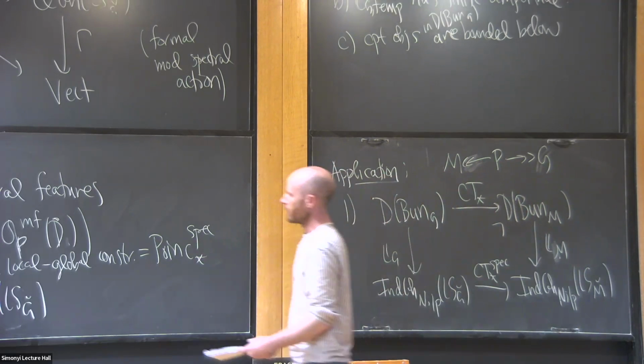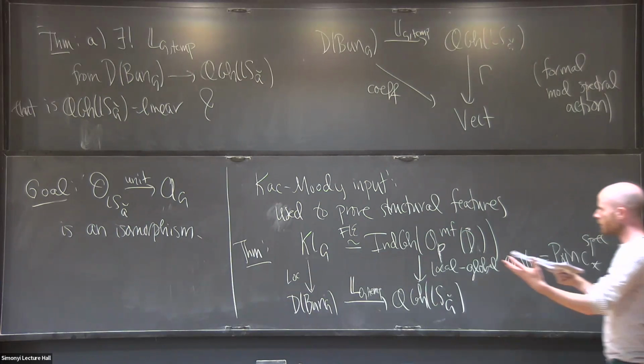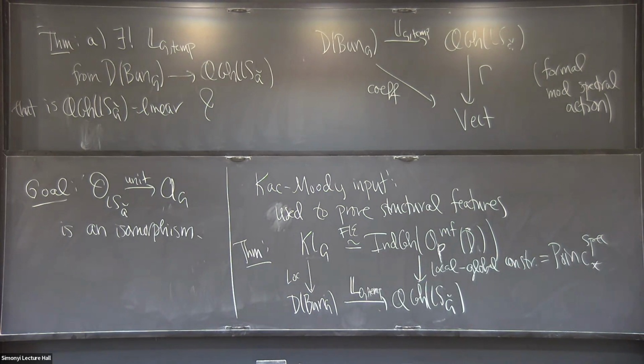So what that means is you start with your representation in KLG, you do some stuff to it, working purely locally on the curve, and then you do some globalization procedure. Can you tell what this bottom line is? Yes, it's pull back to Loc_P check, and then push forward to Loc_M check.